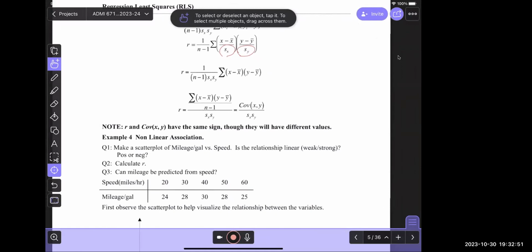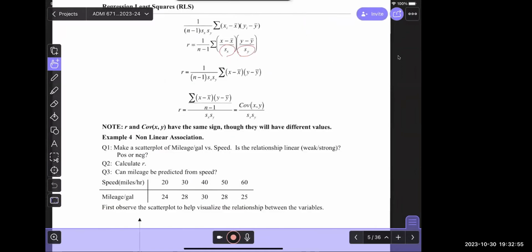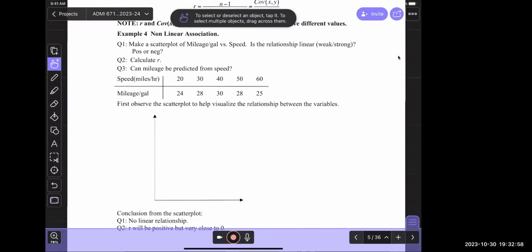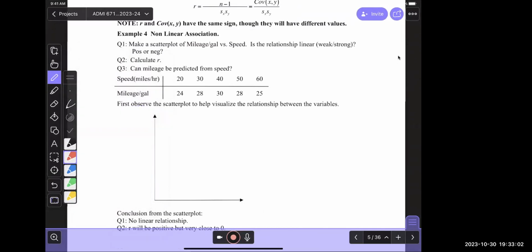Okay, there's another exercise here that you can prove to yourself. Well, actually, let me show you this one. So this one, the data looks like this. Something like that.